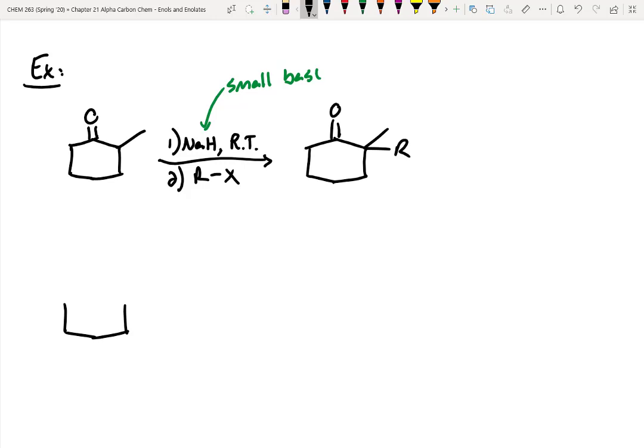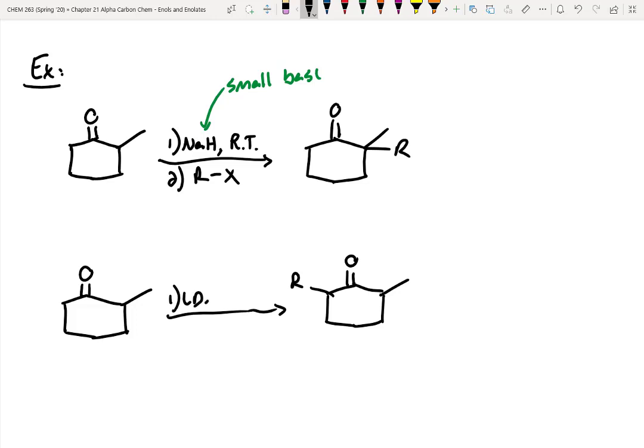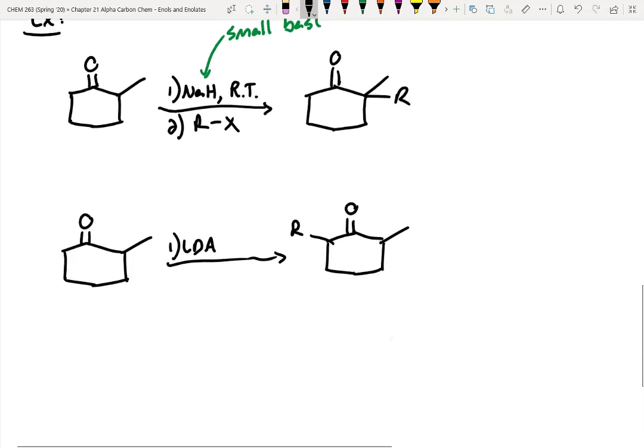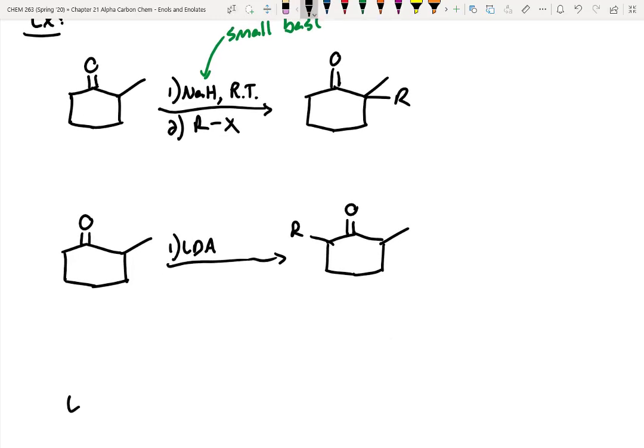All right, let's do the other one, where if we have the desire to make the other alkylated product, we're going to have to use a bulky base. In this case, one of the best bulky bases we can use is LDA. And if you remember, LDA stands for lithium diisopropyl amide.